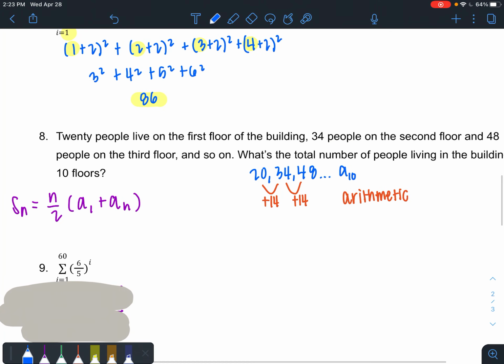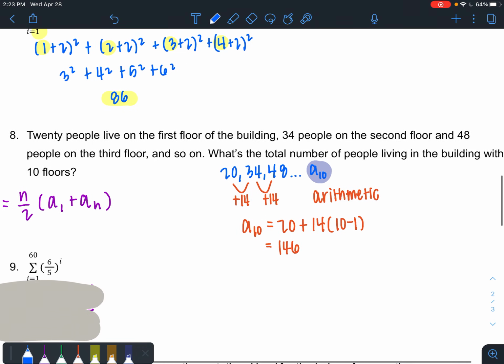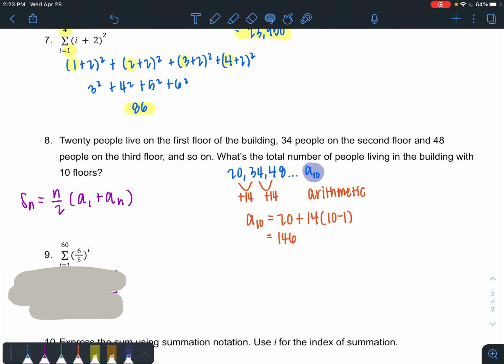So I need to first find a sub 10. So a sub 10 is going to be equal to a sub 1, my first term, plus my common difference times 10 minus 1. So that is 146. So that's my last term. So I'll just plug all of that into my equation. I'm going to move this over.